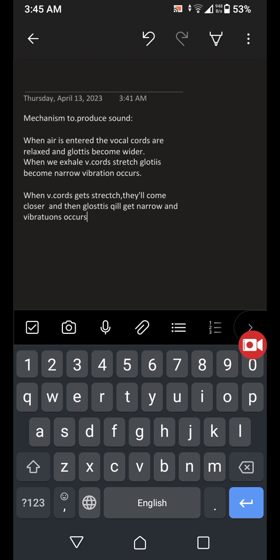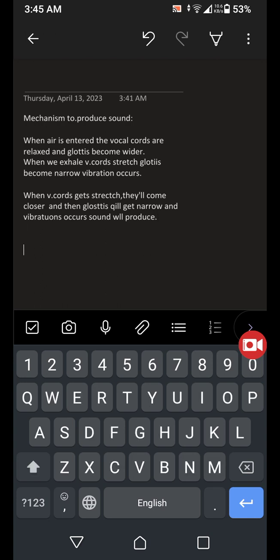Okay, and that's how the sound is produced. This is how the sound gets produced.